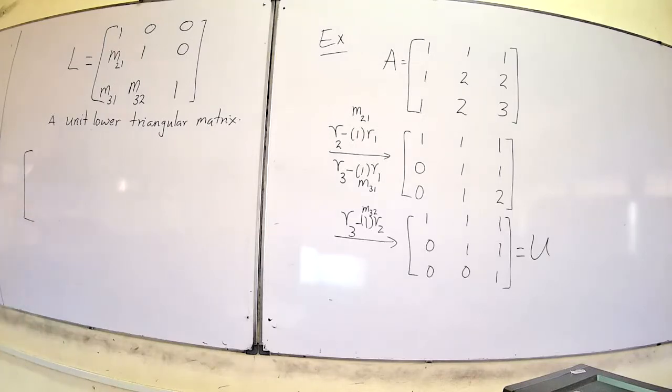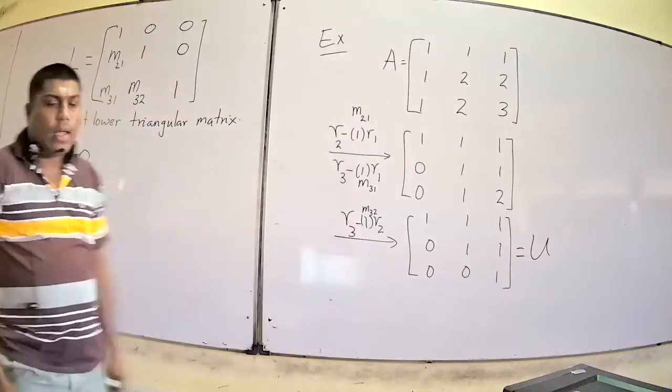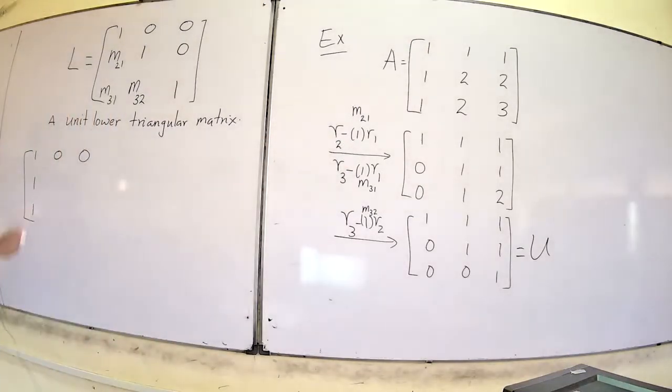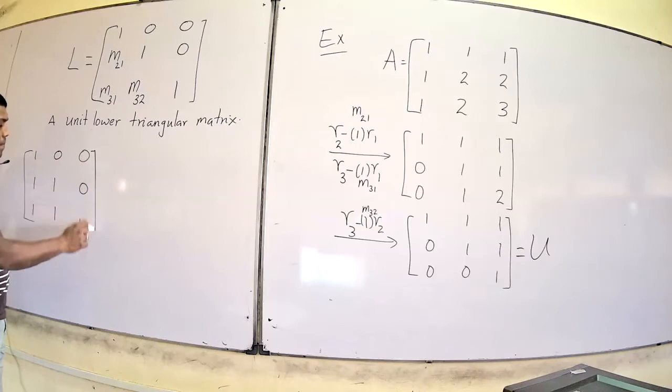My unit lower triangular matrix is 1, 0, 0, M21, that is 1, because M21 is 1 here, M31 is 1, here I already have 1, and M32 is 1, 0, and I have 1 here.